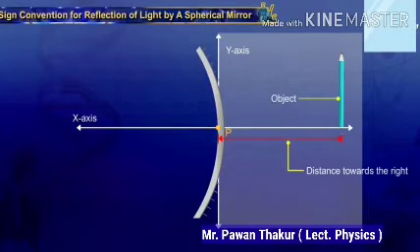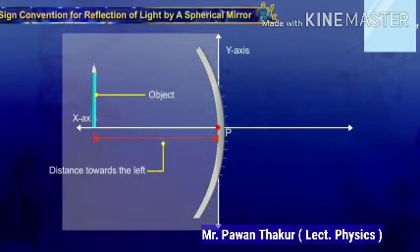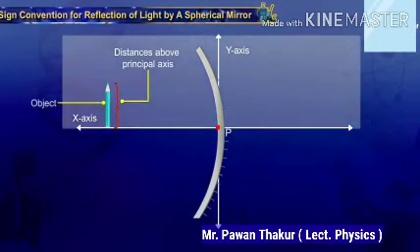These are the important terms. The distance above the principal axis, the upright direction, is taken as positive. The upward distance perpendicular to the principal axis is taken as positive. The downward distance perpendicular to the principal axis is taken as negative. The distance below the principal axis is taken as negative.